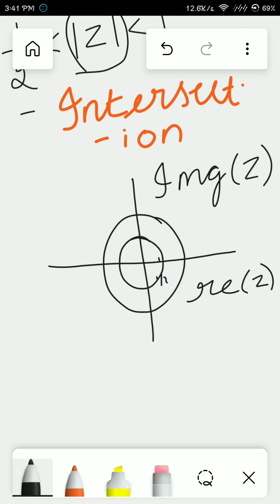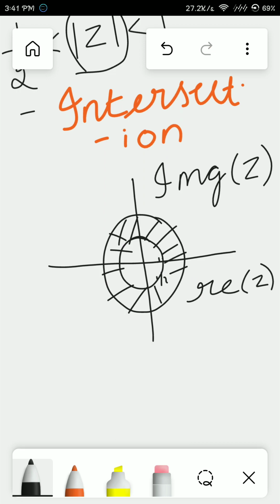Here you just shade inside the circle itself. It is shaded inside the circle. So this is your ROC for this particular question.